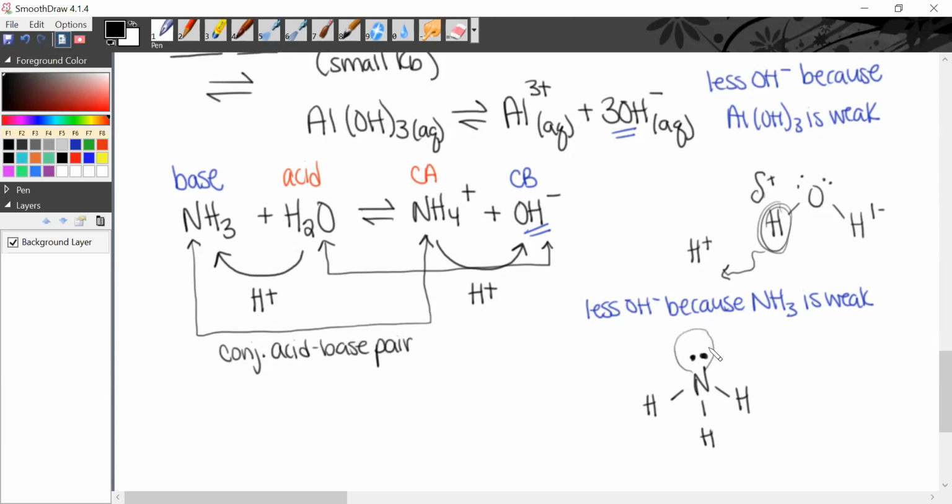And that's what grabs that hydrogen off of the water to turn it into NH4 with a 1+ charge. Okay, so just because something has a hydrogen in it does not make it an acid.